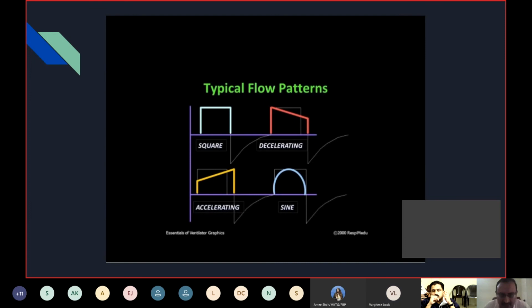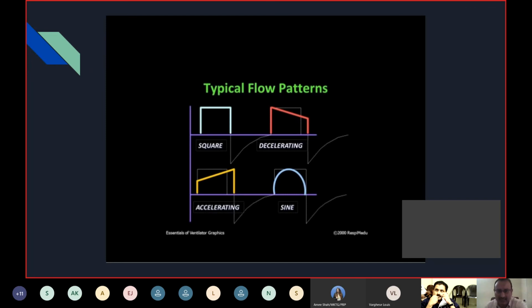You would have seen these typical flow patterns. The probably interesting ones nowadays are the decelerating and the sine wave. The decelerating ones are in the pressure control mode. Suppose you are putting somebody on the pressure control mode, it will deliver quickly initially, then it will hold on, and then it will go into expiration.